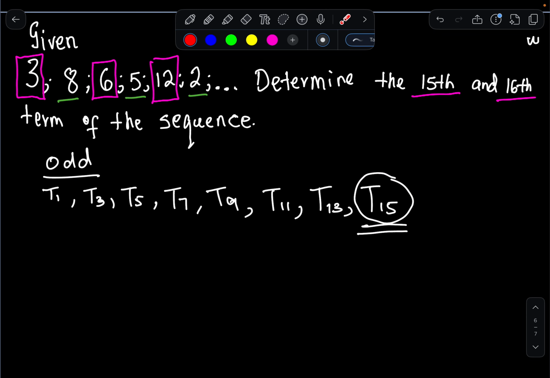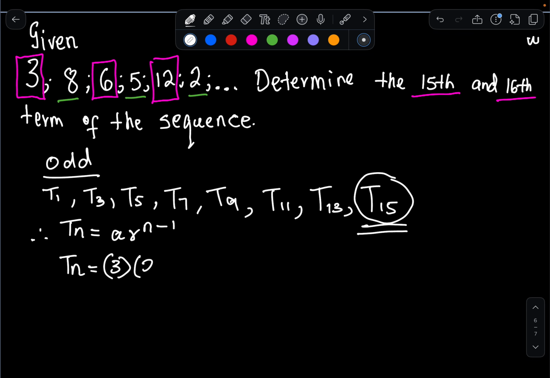And we can see that the odd position, ladies and gents, is a geometric number pattern because we are always multiplying by 2. Therefore, we're going to use the Tn for geometric, Tn = ar^(n-1). Then Tn would be our a, which is 3, the first term, and then the constant ratio of 2, then n minus 1.